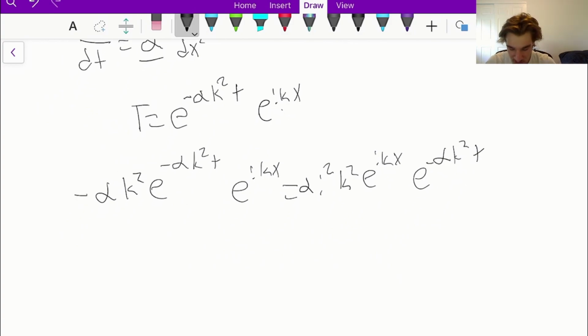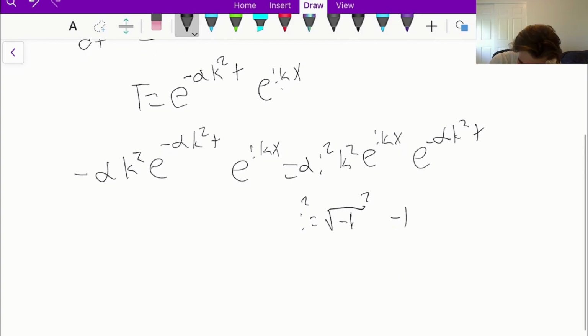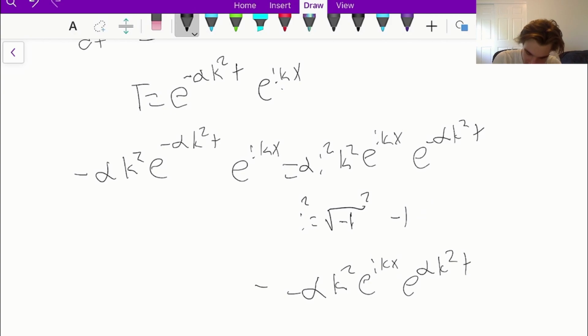Once we have that, we get i squared, and i is an imaginary number. i is equal to the square root of negative 1, and if we square this, we just get negative 1. On the right side, we get negative 1 times the thermal diffusivity times k squared, and then e to the ikx, e to the negative alpha k squared t, which is the same thing as the other side.